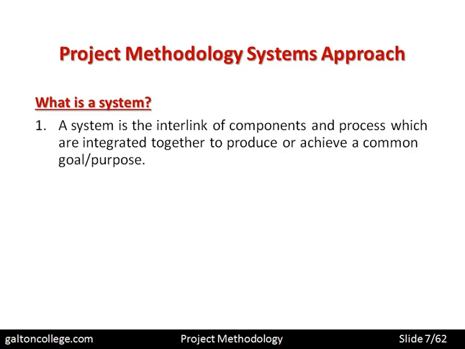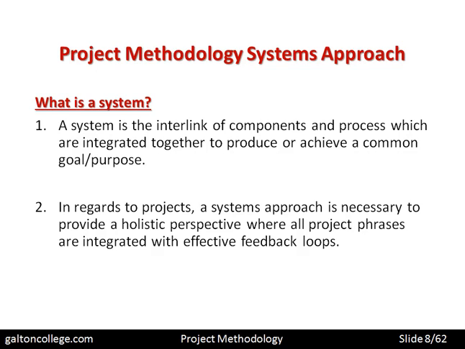So projects can be broken down. That's the point. They can be broken down into small parts and then assembled into the final product or the final task at the end.